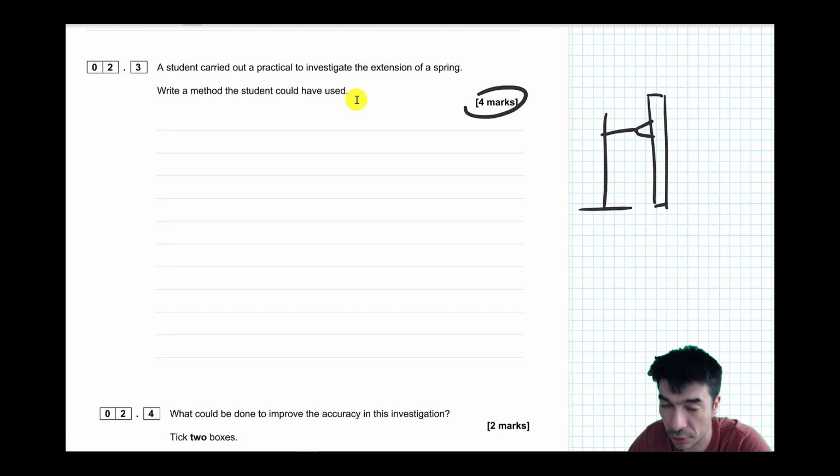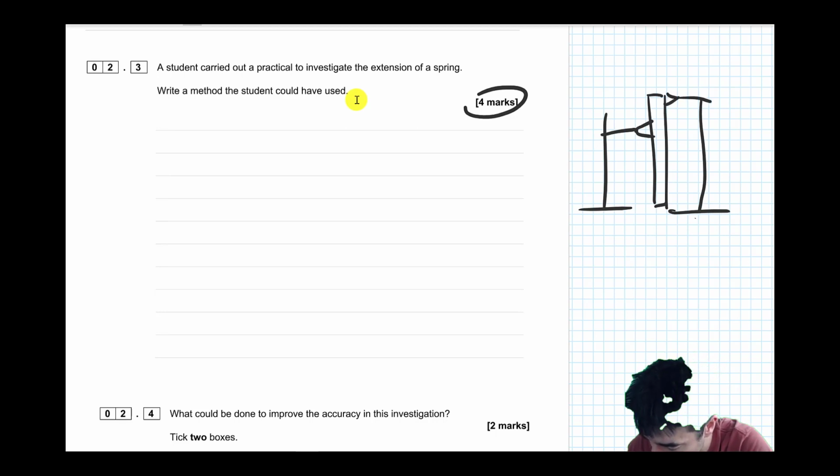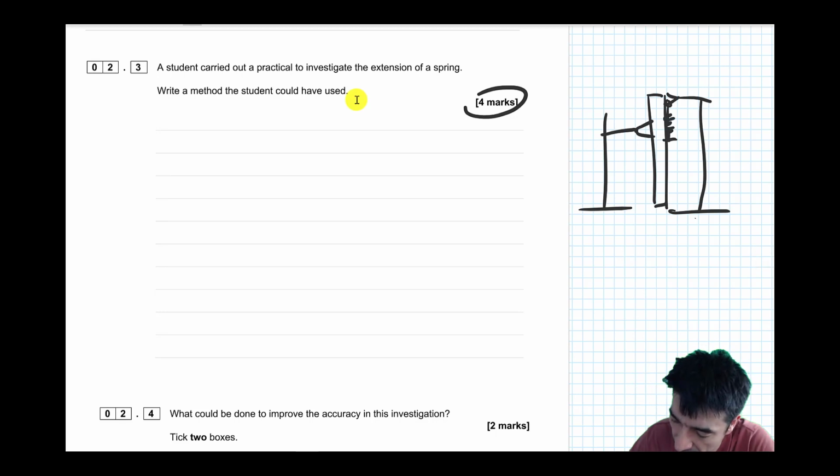Secondly, you can get a second clamp stand, and off this one you can hang your spring. Now you can put a piece of paper or a bit of a splint or something on the bottom of the spring to mark on the meter ruler where you are, right? And then you've got the hook onto which you add your weights.